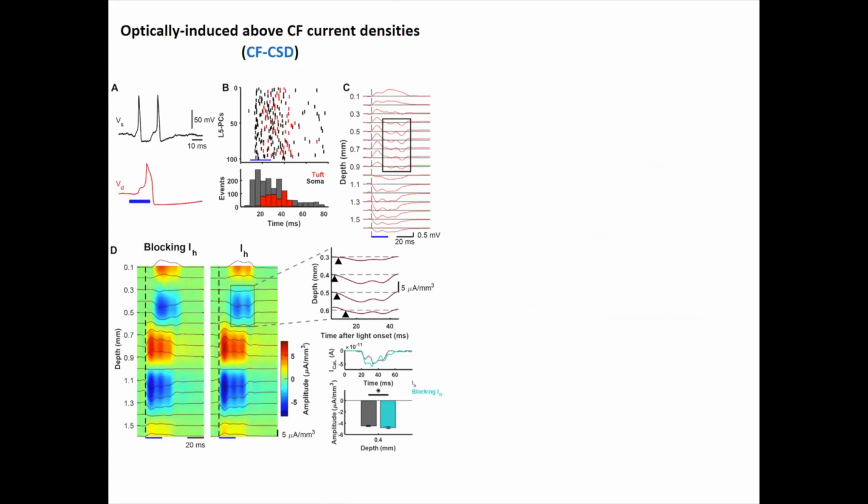Lastly, we have been able to reproduce data recorded by the Larkum group in rat, showing that this neuron produces a typical current density map that can confuse researchers into assuming that there is work by a layer 2 pyramidal cell, while this is in fact reflecting calcium activity generated in this neuron that produces this polarity reversal later.